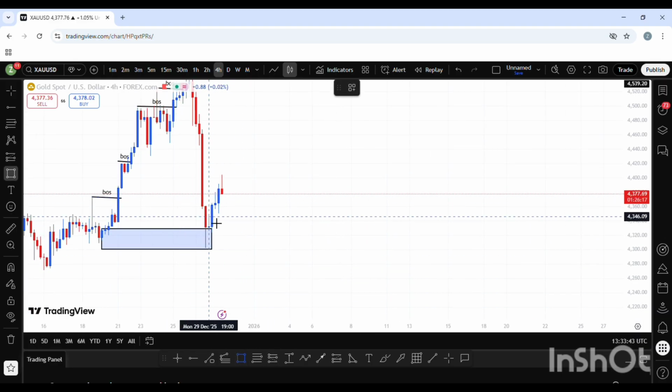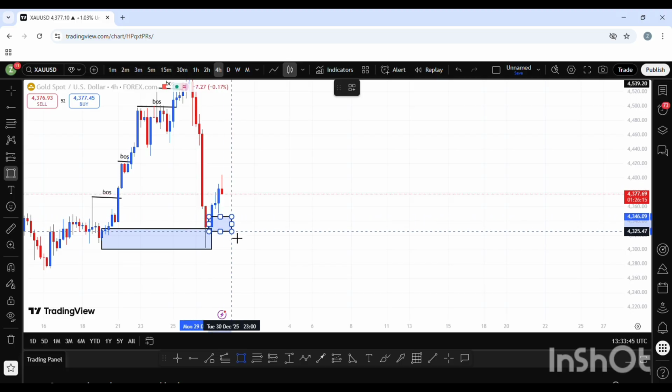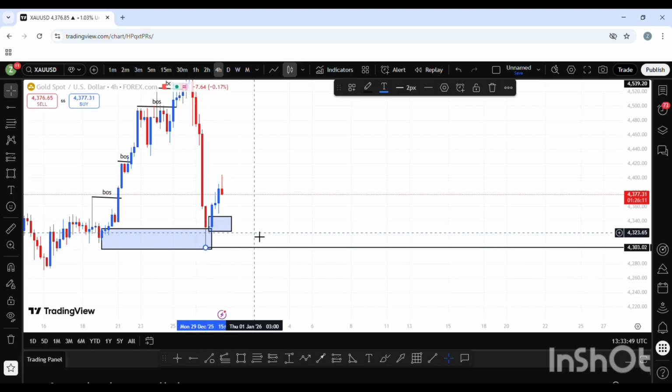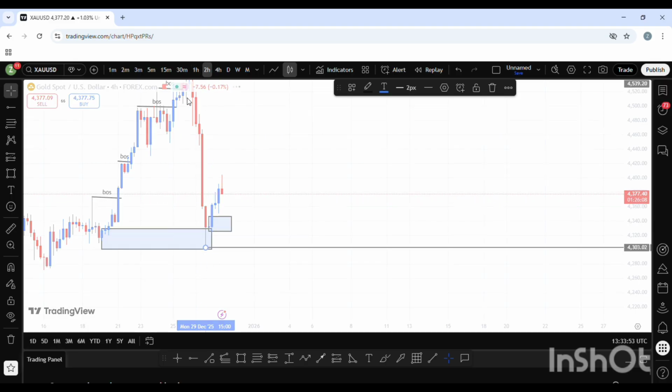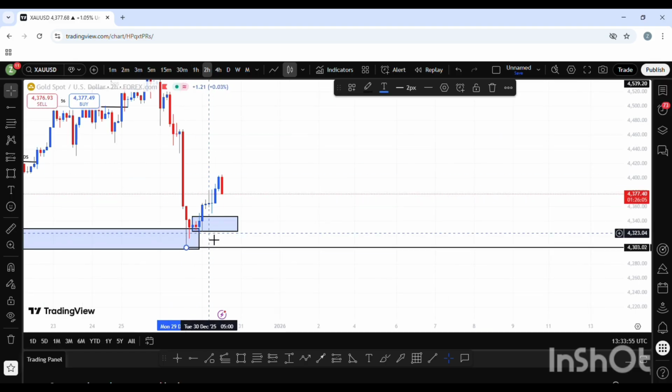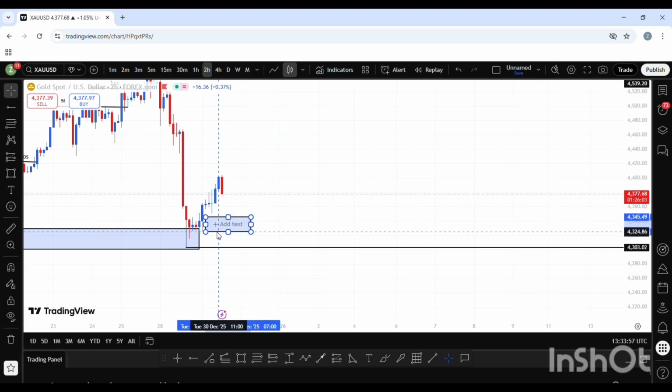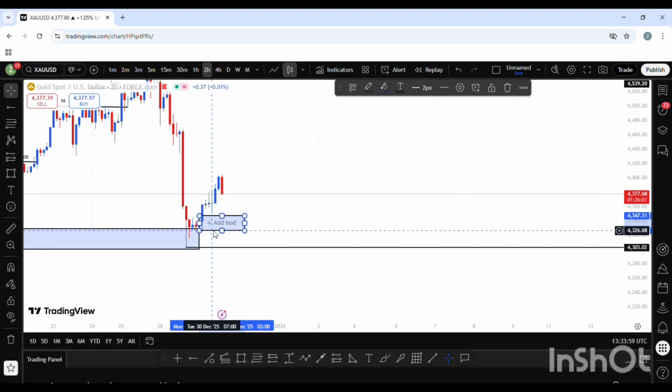And if you're wondering which strategy I use, SMC strategy. So this is the most recent break of structure, and I'm only focusing on where the market tapped the order block to where the point of reversal is. So this is the order block where I am waiting for the market to come.